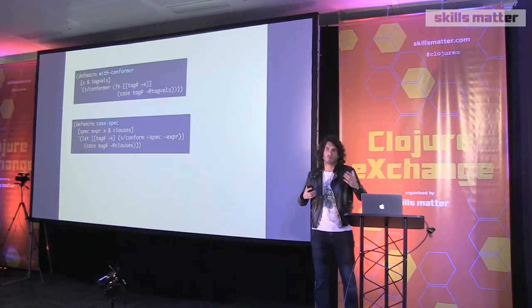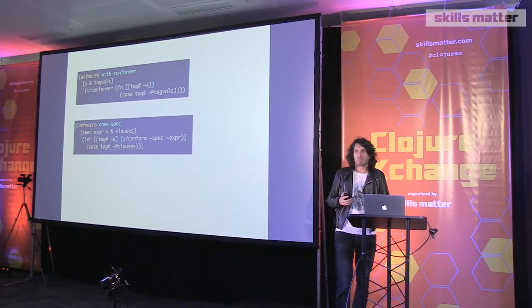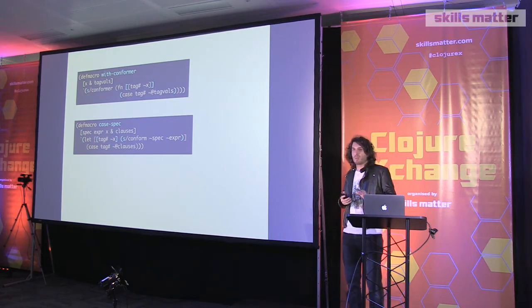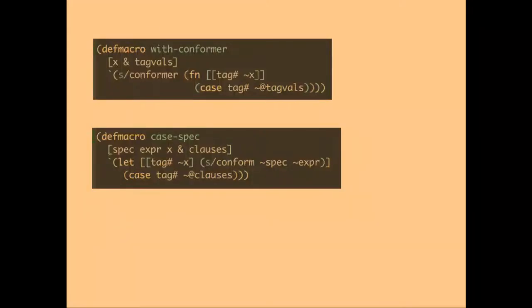I've already tried to scratch some of our itches and did some small macros to ease up the most common use cases. But I think this is one of those things where a distributed, informal discussion needs to happen within the entire community of how we go forward, and what's going to be the idiomatic way of using spec.